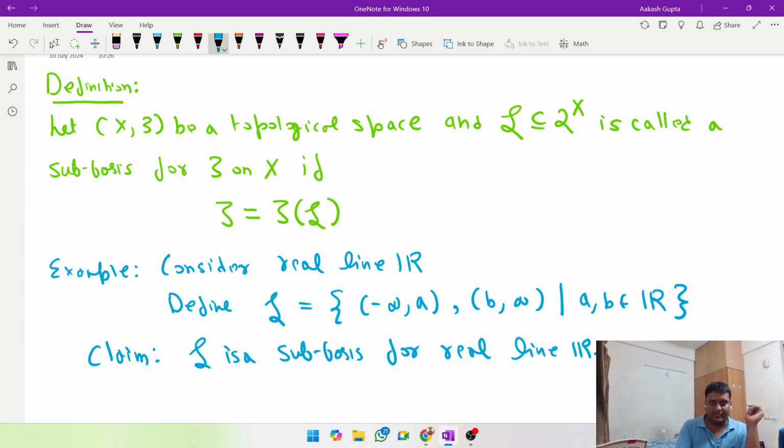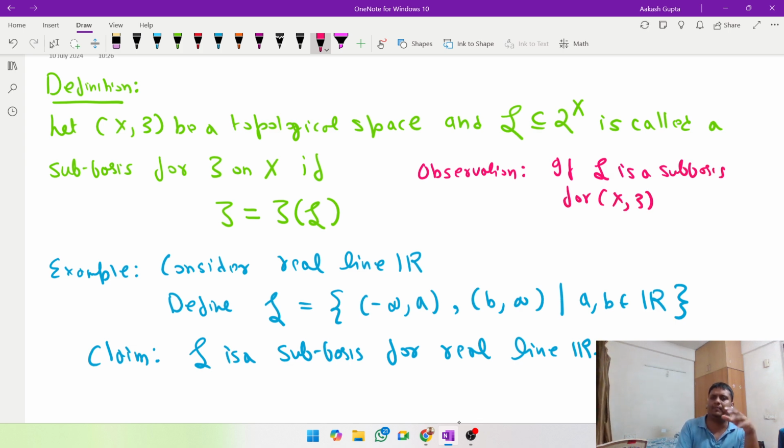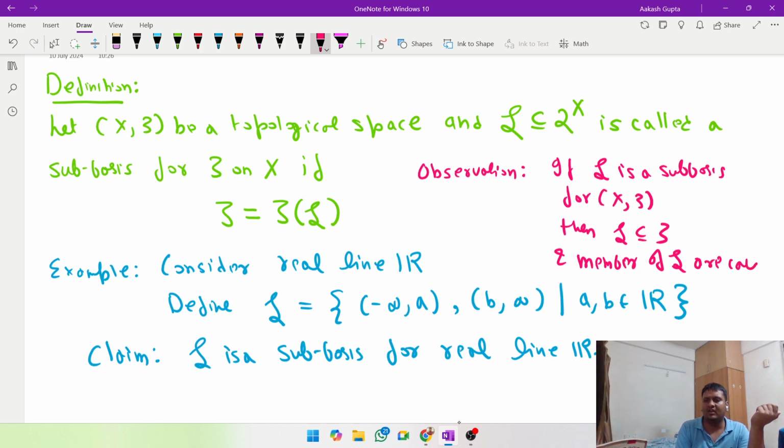One observation, guys. If S is a sub-basis for (X, tau), or some topology tau on X, you can write either way, then S is of course contained in tau, and members of S are called, can you guess?